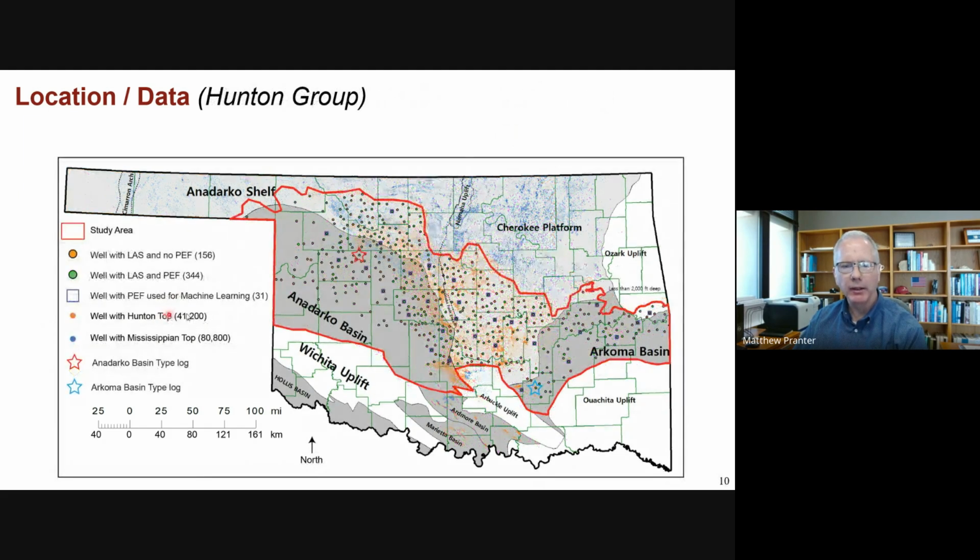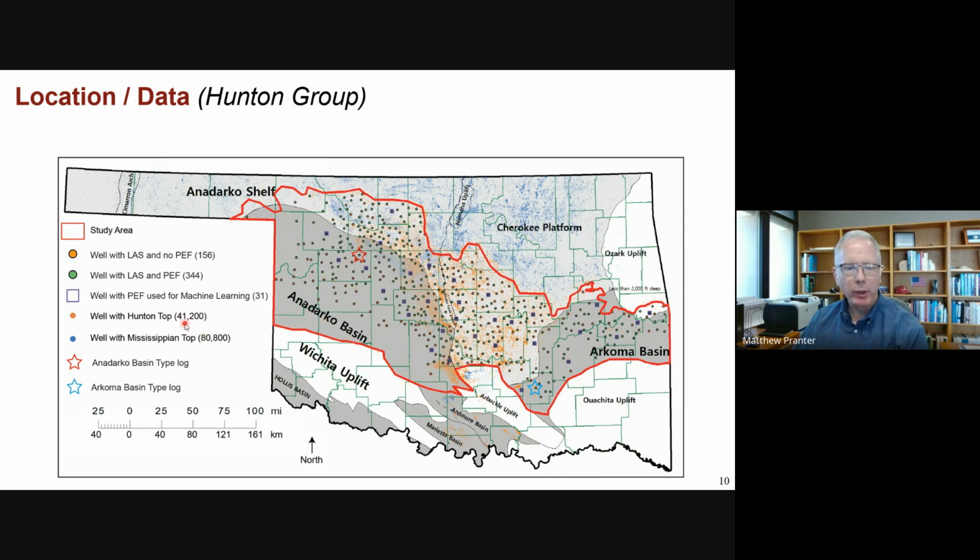And then for the Hunton, because of the significant unconformity at the top of the Hunton, it's truncated in the north and northeastern part of Oklahoma, and so the study area is reduced to where it pinches out here to the northeast, and then the southern boundary is the same as the others.